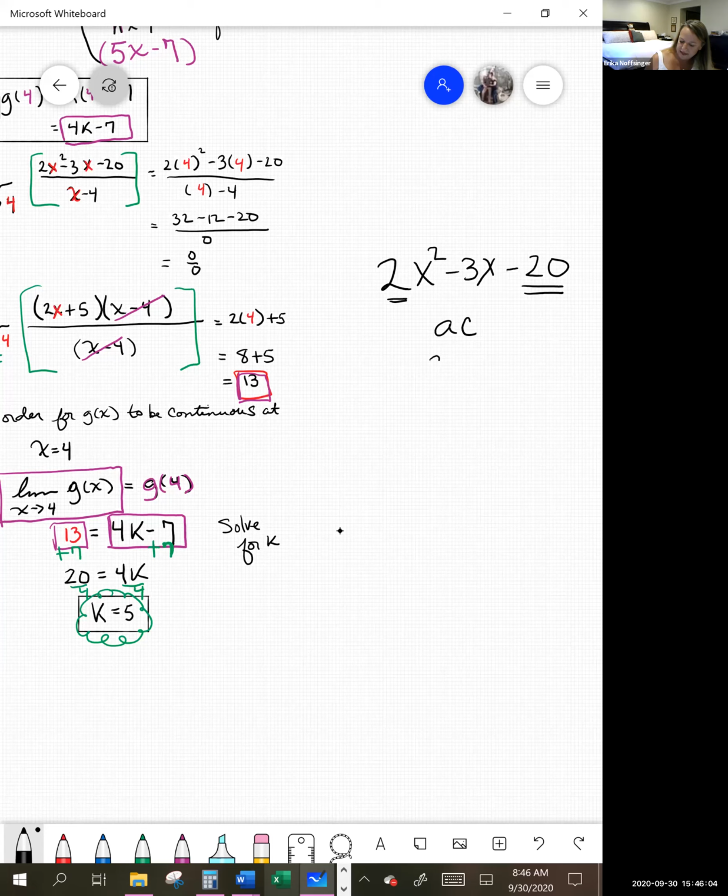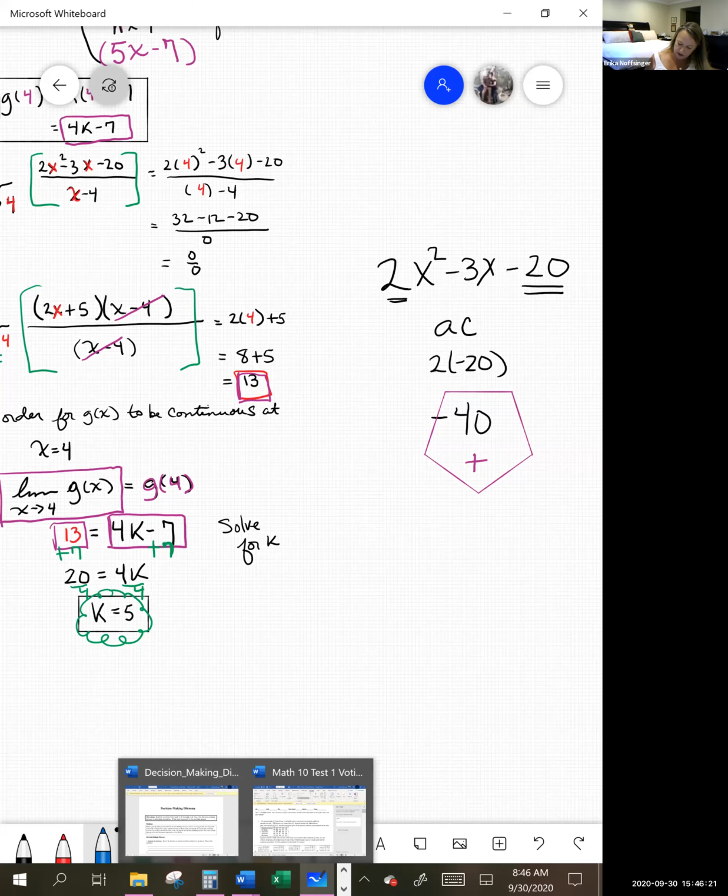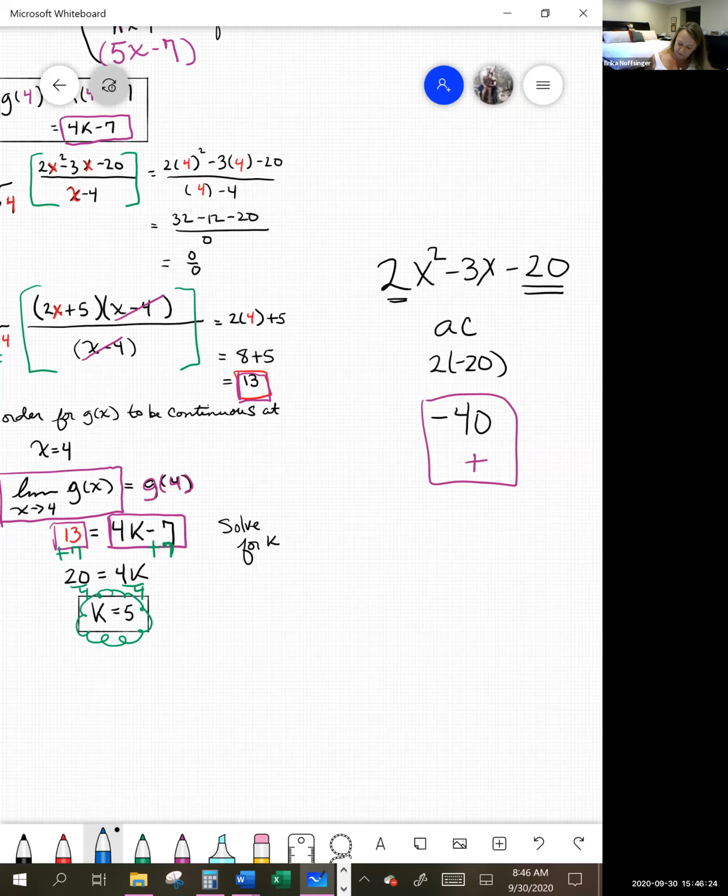So 2 times negative 20 is negative 40. So you're trying to find two numbers that would multiply to that number, but would add to the middle term. Going through that, this is how I would get the factoring.